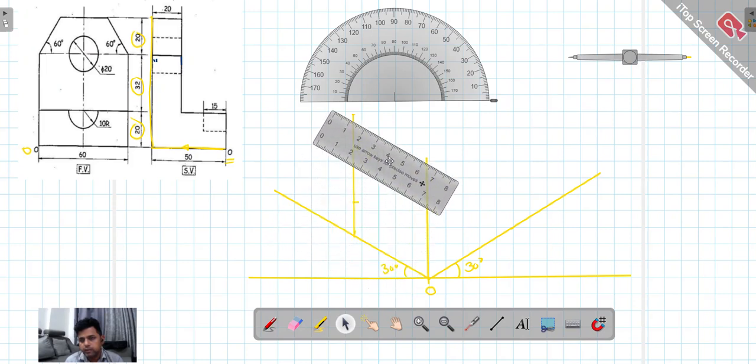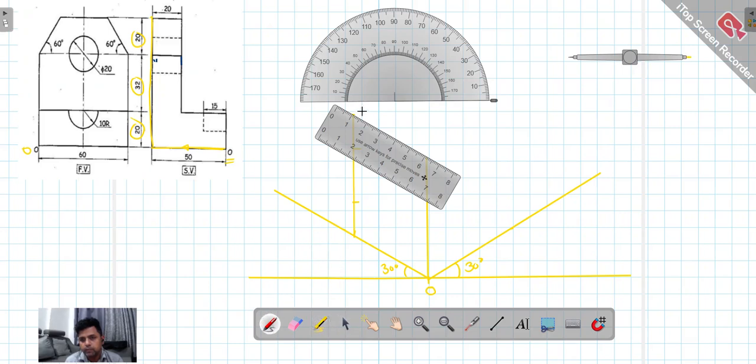To this line, from this point, I'm drawing a parallel line up to this point. Okay, so this is something which I have drawn now.